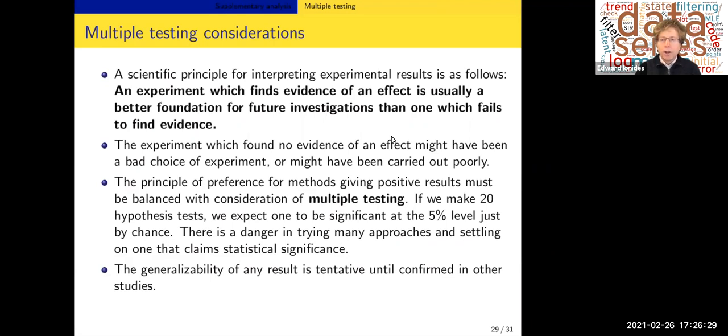And if you do try multiple things, you should report that you did. And the other thing to bear in mind is that if somebody found something from one data set and you then want to generalize it, you probably want to wait until it's confirmed in other studies, and treat it as tentative until that time.